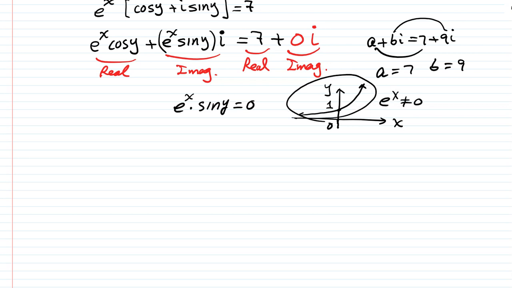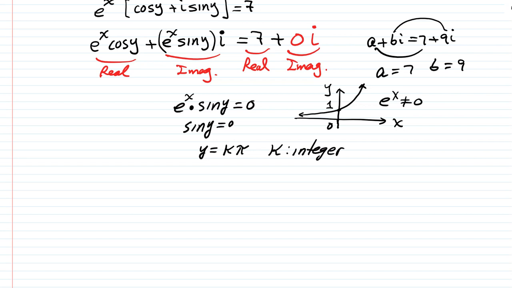The function is always positive. Therefore, by the zero factor principle, only sine y has to be 0. Isn't that cool? So, because e to the x cannot be 0, at this point we look at the zeros of sine, and that we established way back when. The zeros of sine occur at k pi, where k is an integer.